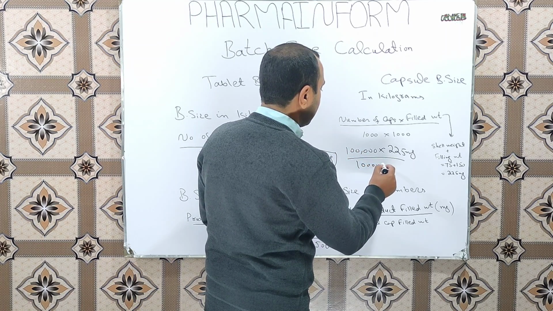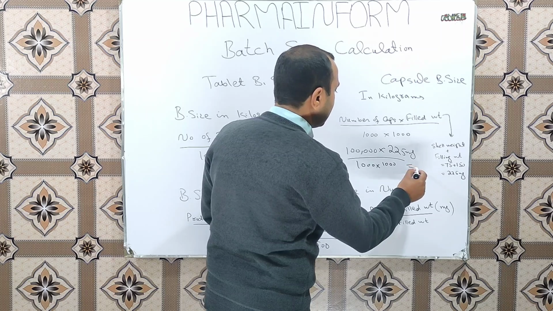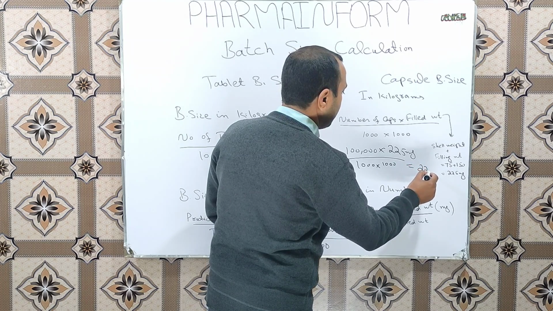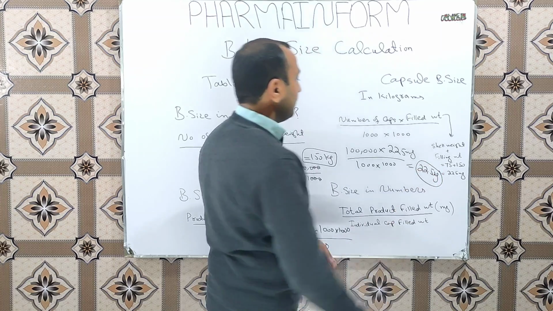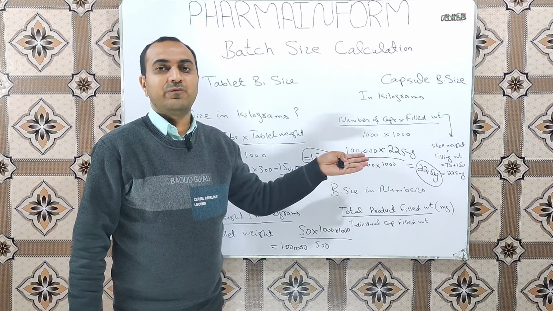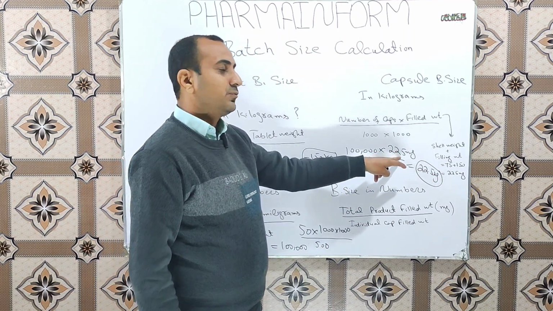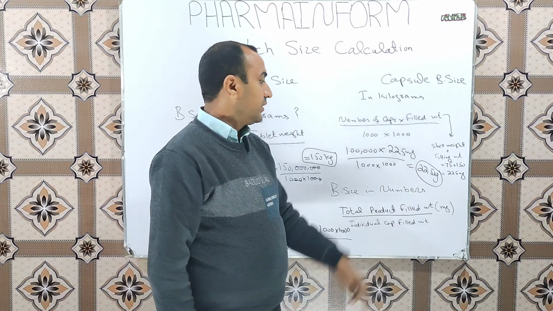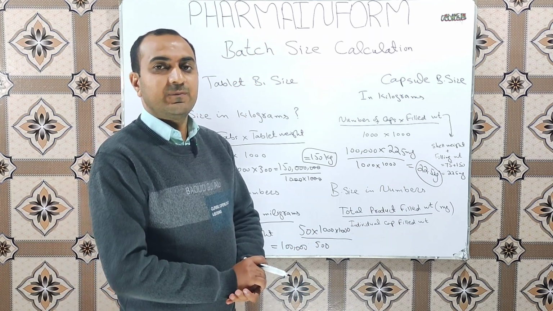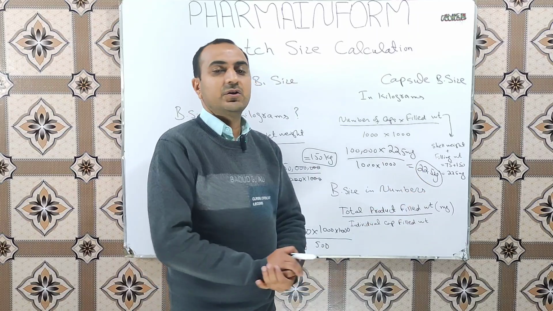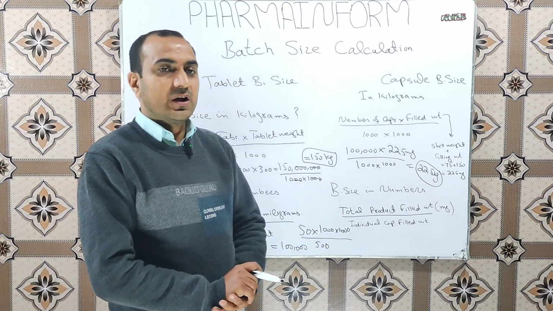After calculating, our answer will be 22.5 kilograms. Meaning if we have 1 lakh capsules and the filled capsule weight is 225 milligrams, our total capsule weight in kilograms will be 22.5 kilograms.